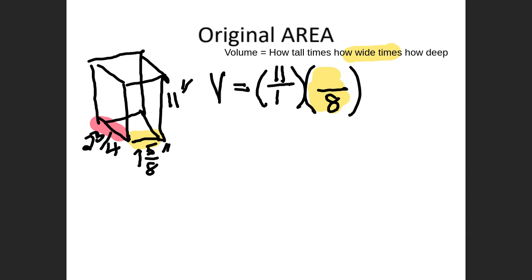We're going to put 8 here. 8 times 7 is 56, plus 5 is 61. And then we have how deep. Well, how deep is that 2 3/4? Again, we are making this into 11/4.